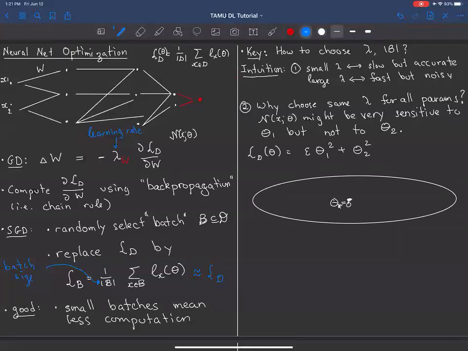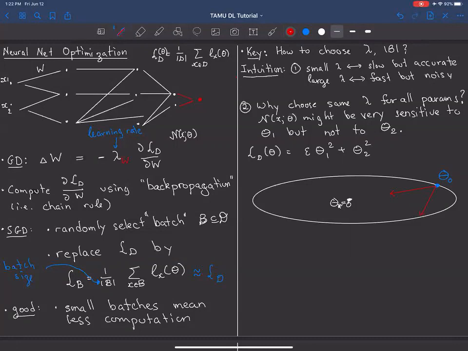But the kind of problem that you run into is that suppose you're at this point. This is where you are, that's theta 0 or theta current. The direction you would like to go is, of course, the direction that points you towards the global minimum. But the direction you actually go in gradient descent is the direction that's orthogonal to the level set, that's the ellipse that I drew.